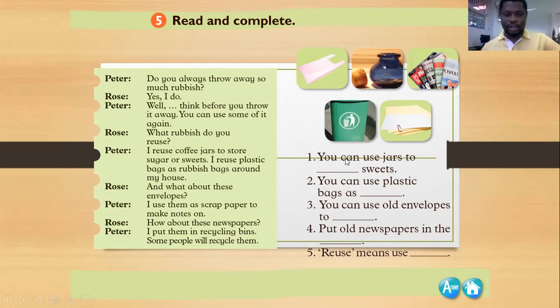Okay, so that was it. So amazing and good. Now let's look at this. Here you have coffee bags, jars, newspaper, recycle bin, and envelopes. Okay, so this is what we call coffee jars.